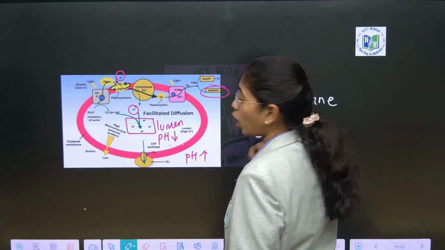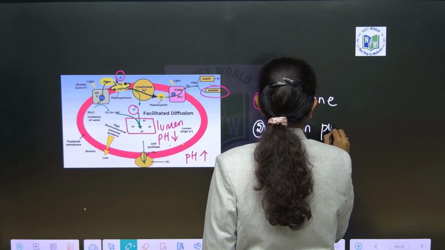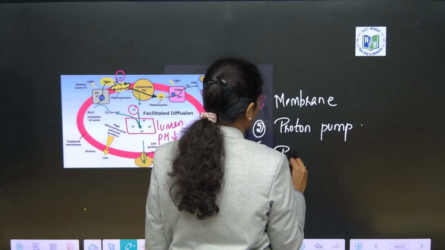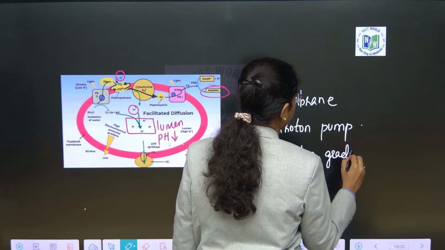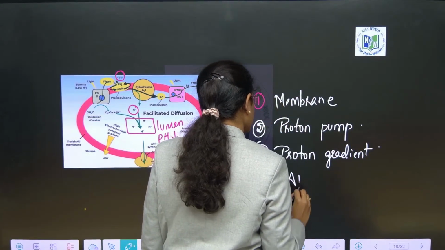Second is a proton pump. And third is proton gradient. Fourth will be ATPase.